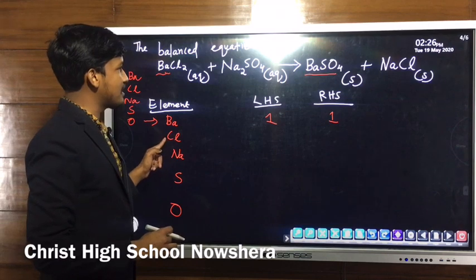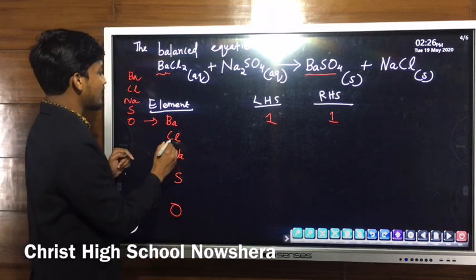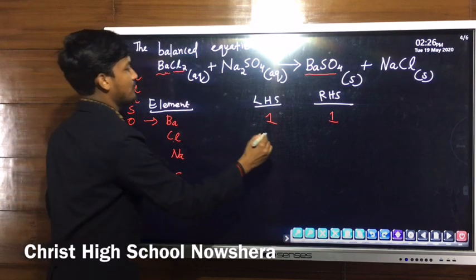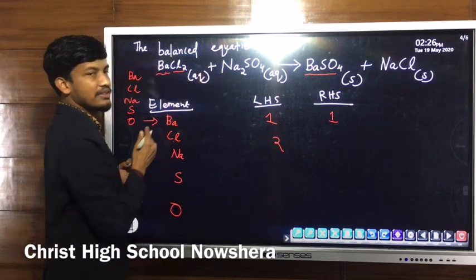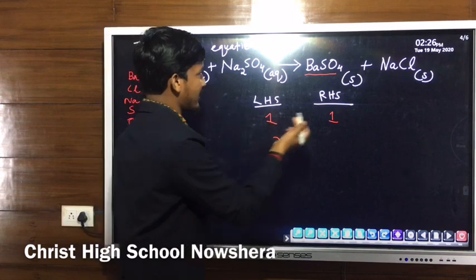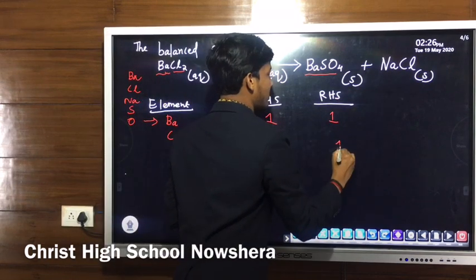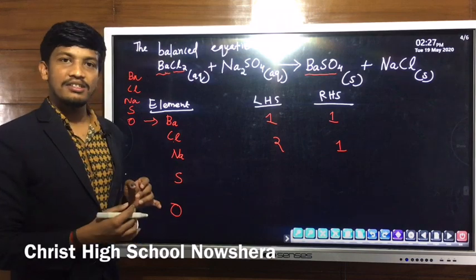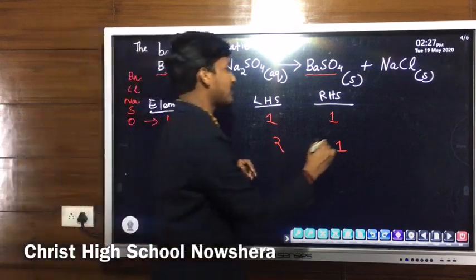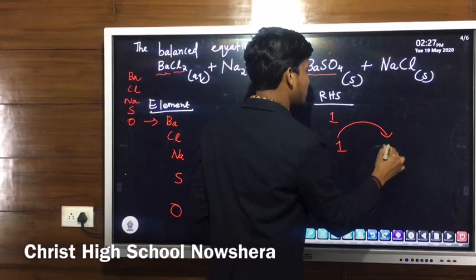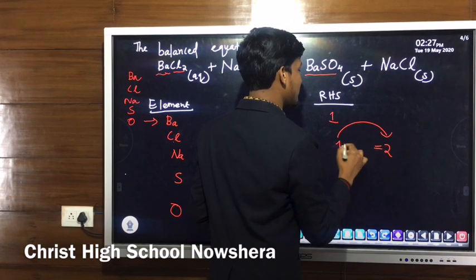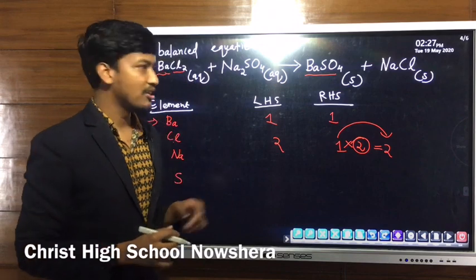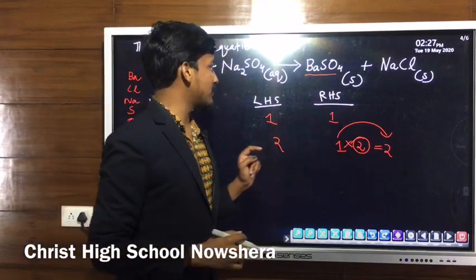Now second, Cl, chlorine atom. 2 chlorine atoms on the left side of the equation, and on the right side 1 chlorine atom. So 2 and 1. For equalizing the number, we can change this 1 into 2 by multiplying by 2. Then we will get 2 chlorine atoms on the right side.